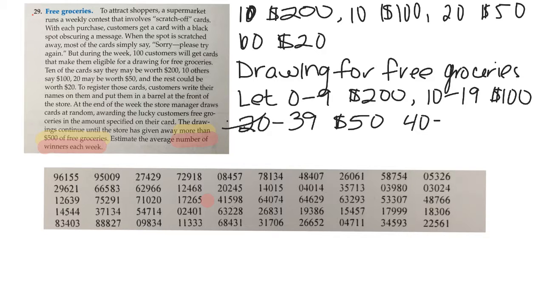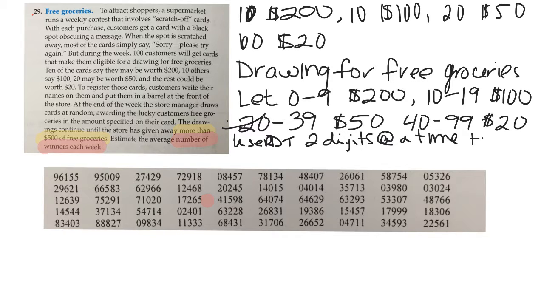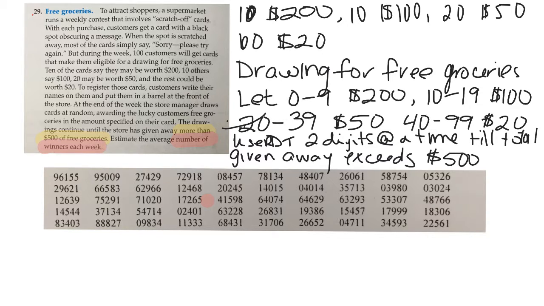And then 40 to 99 be $20. Use a random digit table, 2 digits at a time, till the total given away exceeds $500. Our response variable is the average number of winners.